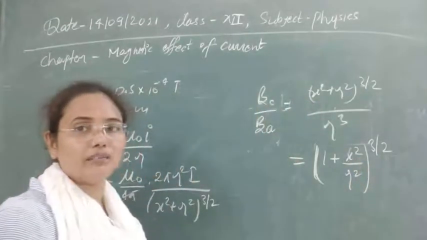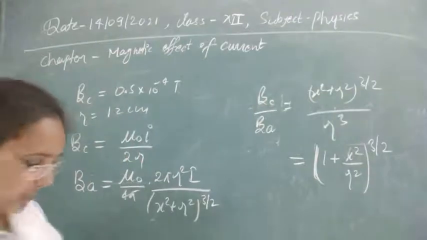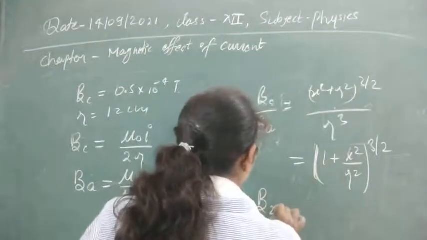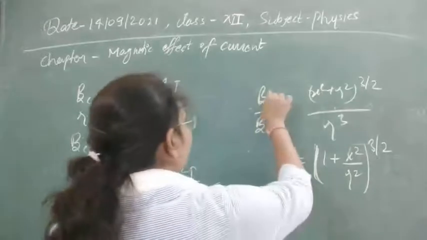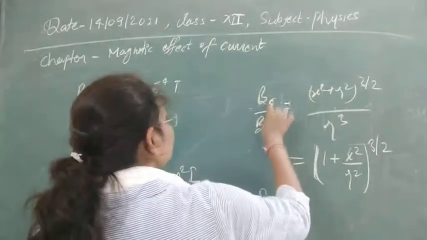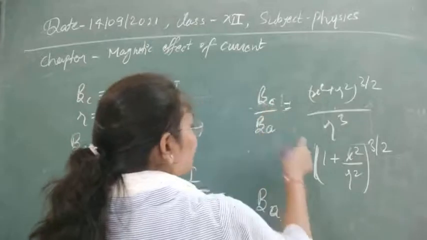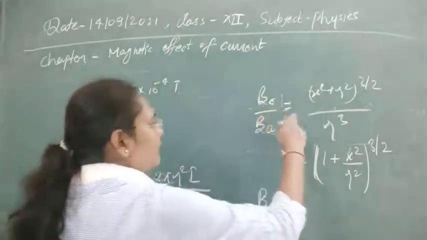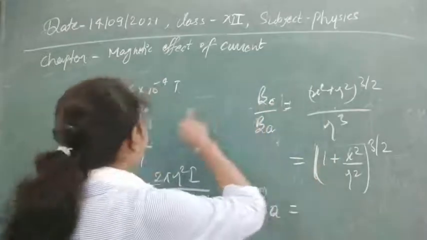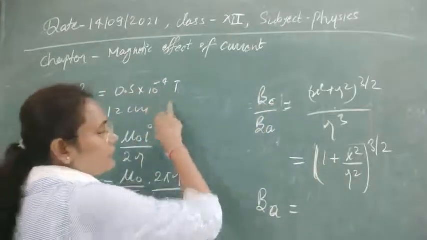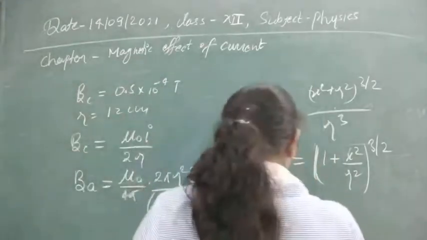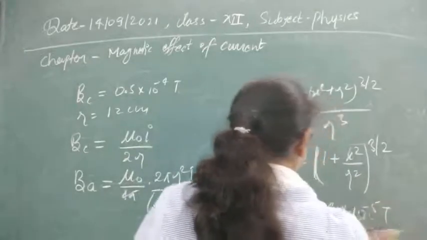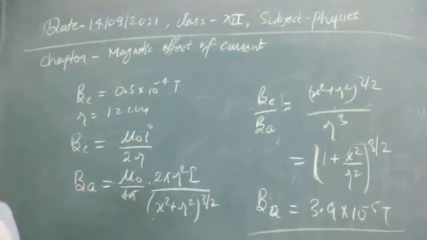If you put all the values and solve, BA is obtained, as we know the value of BC, the magnetic field at center. So BA can be calculated by dividing this number by the value of BC. We can have the final value: this is 3.9 into 10 to the power minus 5 Tesla.